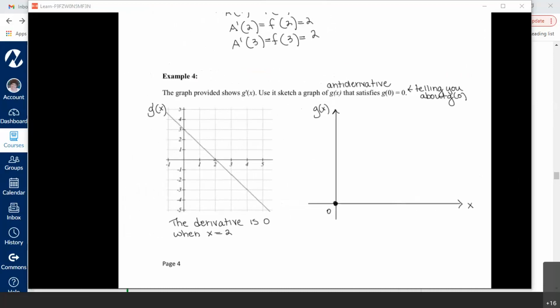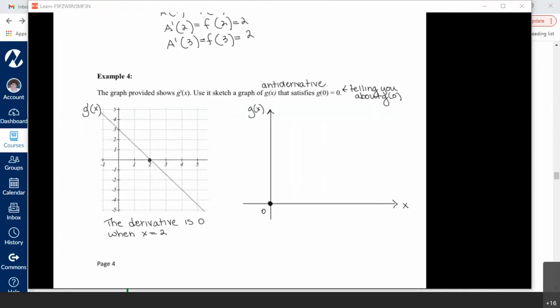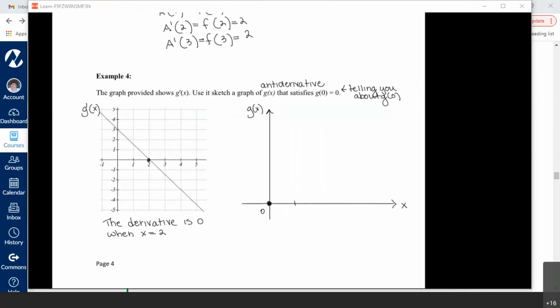Everybody see that here? Obviously that's going to be significant, so let's put some numbers on here.